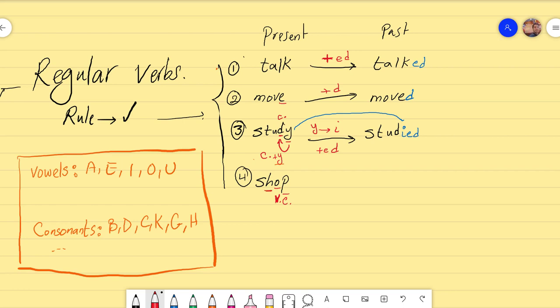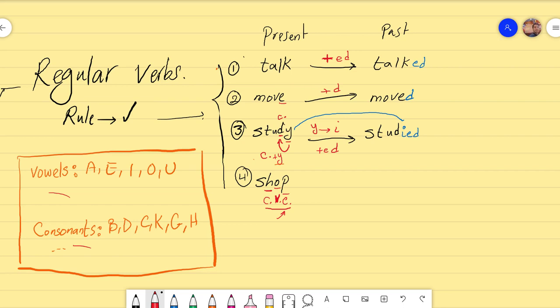H. Is it a vowel or consonant? Consonant. So you see, at the end of the verb, we have consonant, vowel, consonant.